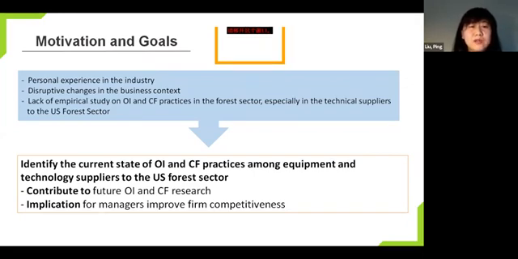And my goal is to identify the current state of open innovation and corporate foresight practices among the equipment and technology suppliers to the US forest sector. And I hope that I can contribute to future open innovation and corporate foresight research and provide implications for managers to improve their firm competitiveness.